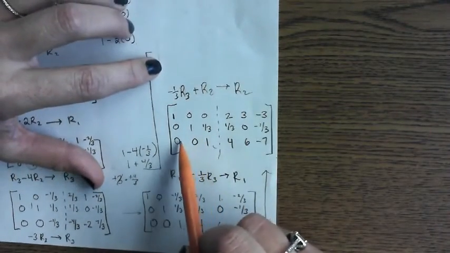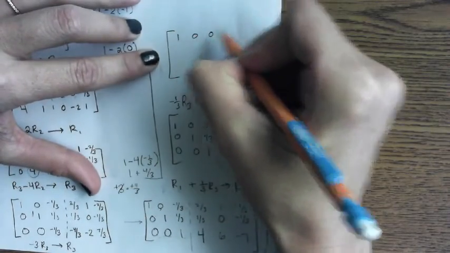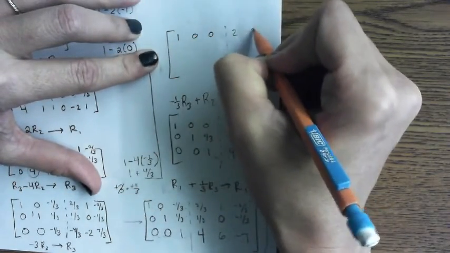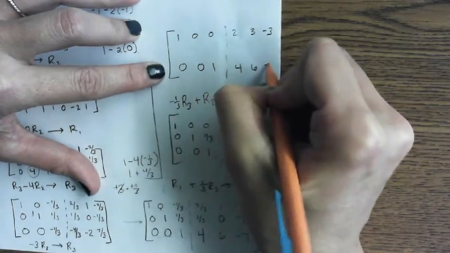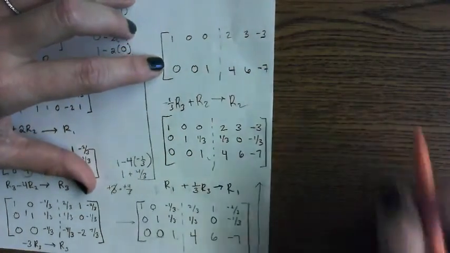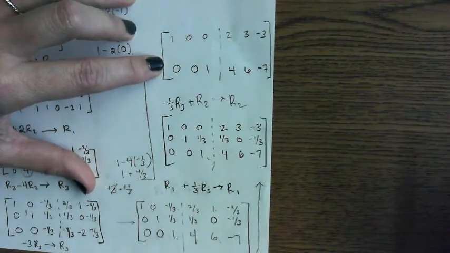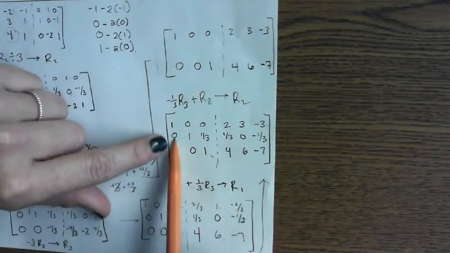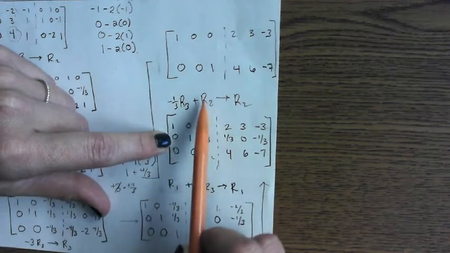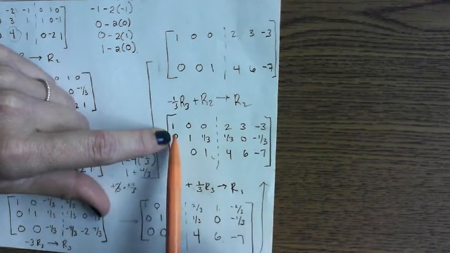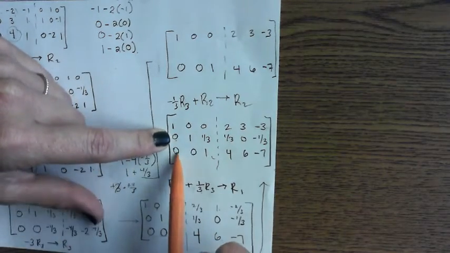So if I take, well, I'm replacing row 2, so let me just rewrite row 1 and row 3. Okay, so to replace this one, I don't know why mentally I just like to think I'm going to take that number in row 2, 0, and add it to negative 1/3 times 0, which is 0, so that's going to stay 0.